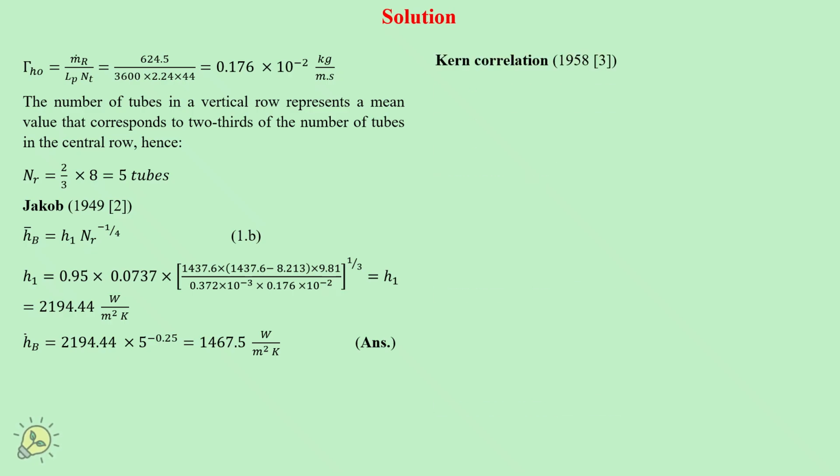Then the Kern correlation is the same value for h1 times N_R to the power minus 1 over 6.